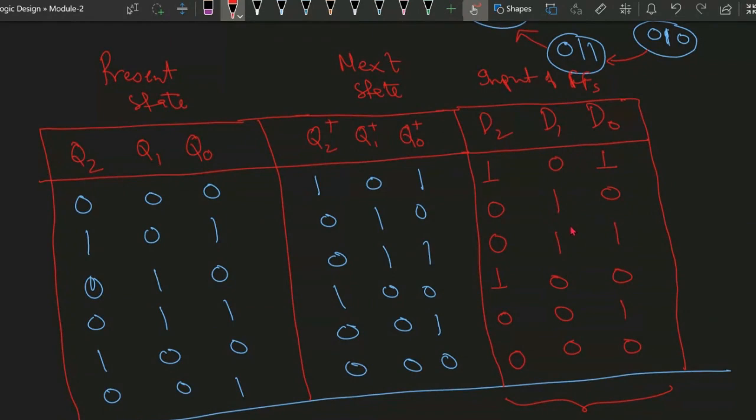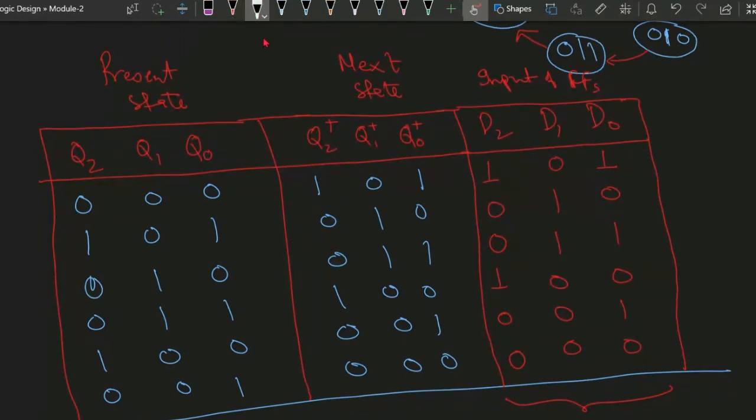Once we have filled those values, we will get to know how each D is expressed. D0, D1, D2 are the inputs of the 3 different D flip-flops that will be used. So what will be the expression for D0, D1, D2? We will simplify using the K map again.